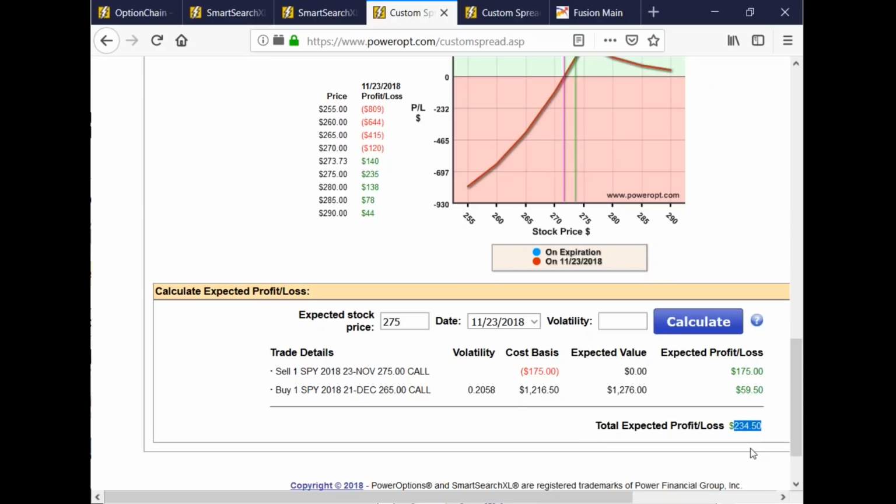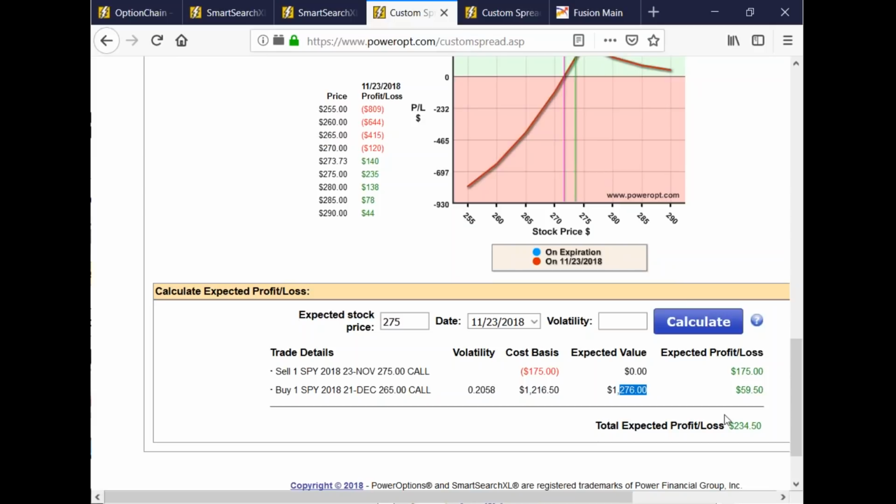There's my profit of the 235 for the trade. This works if and only if I can sell to close the long and take advantage of that time value that still remains. If it's exercised, I just get 10 points back. This 276 remaining of time premium is null and void if that is exercised.